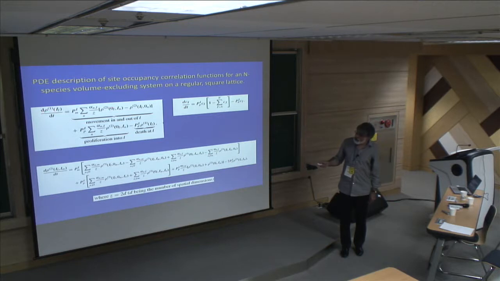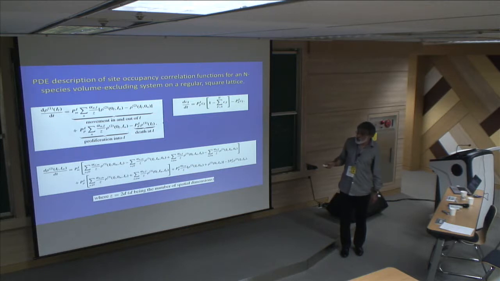Let's assume that at site L, the site we're looking at, there are no cells. But in the neighborhood, there are cells. Then there's a certain probability the cell will move from there to there. Take away, this site has got a cell in it, and the neighboring site is free, and it moves to there. Okay?